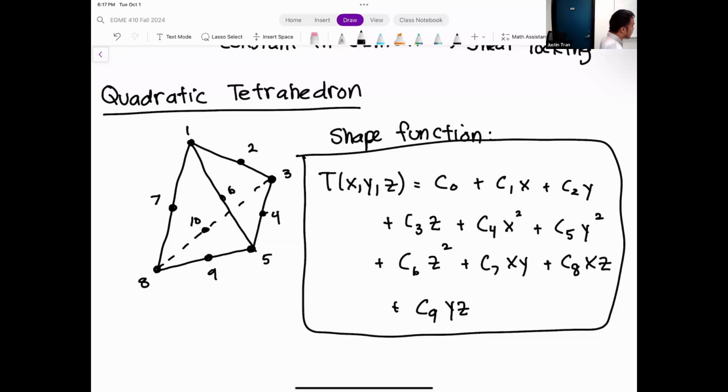So that's one thing I want you guys to know, that the higher dimension that you go, the cost of going from linear to quadratic is more expensive.